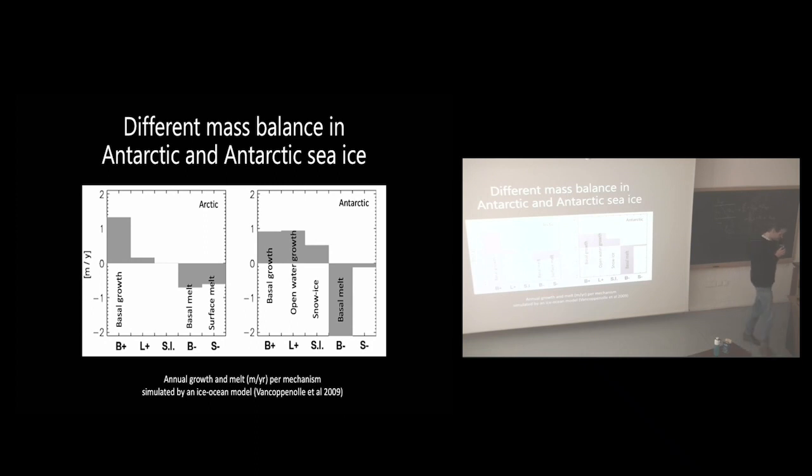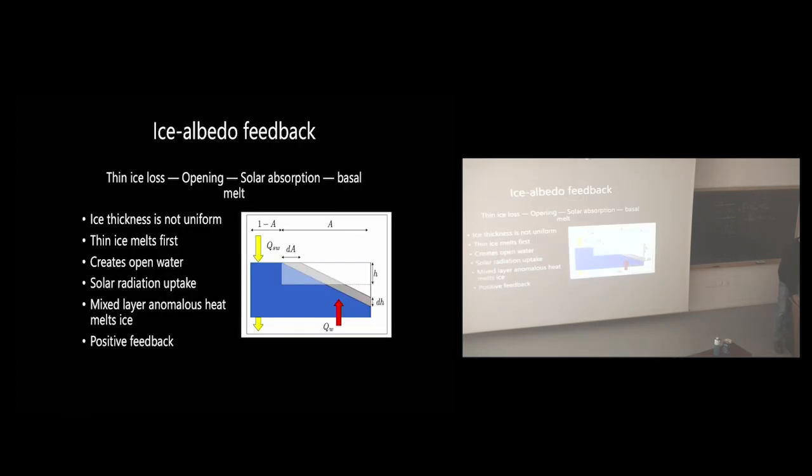What I can tell is that basal melt is more efficient in the Antarctic, and I think this is because the way sea ice melts in the Antarctic is really linked to the ice albedo feedback, as we call it. The Antarctic system is divergent, so you create a lot of open water, and you can trap solar radiation that way in the open water.